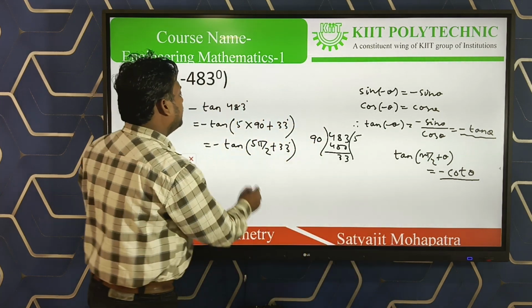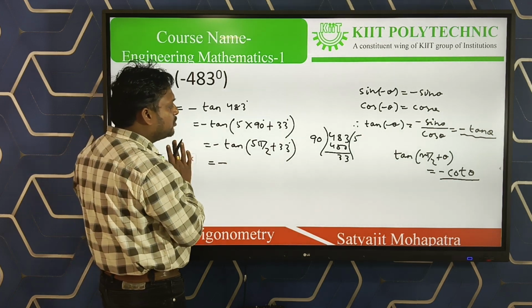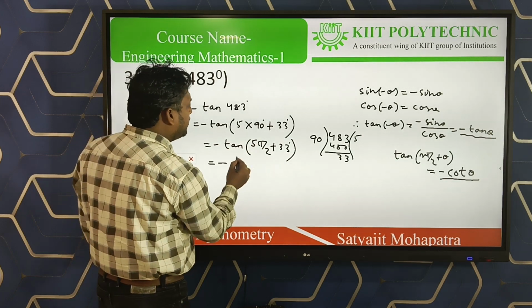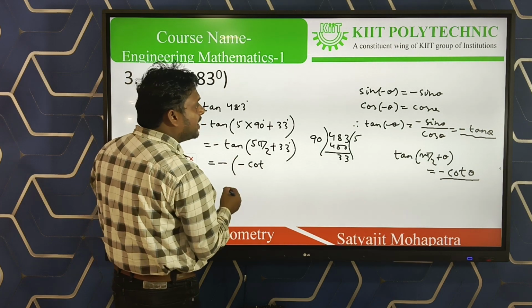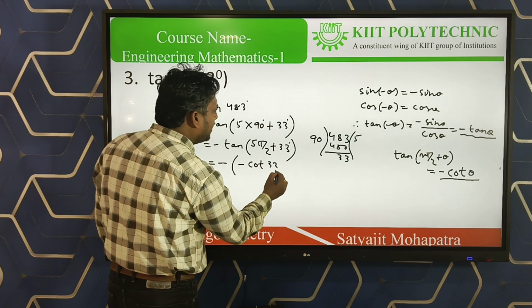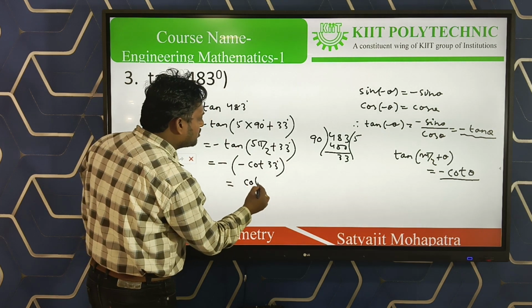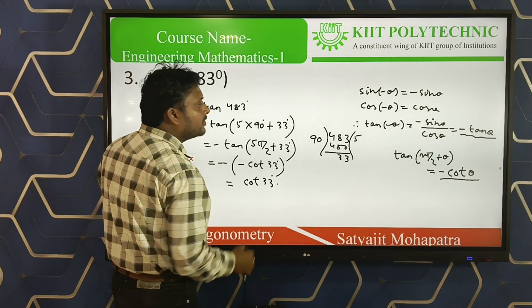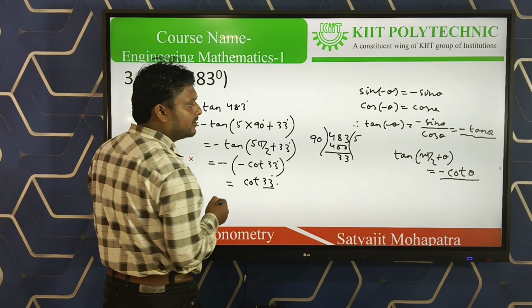So minus, minus cot of 33; minus minus becomes plus, so this becomes cot 33. You can further convert this, but this is an acute angle, so you have to stop here.